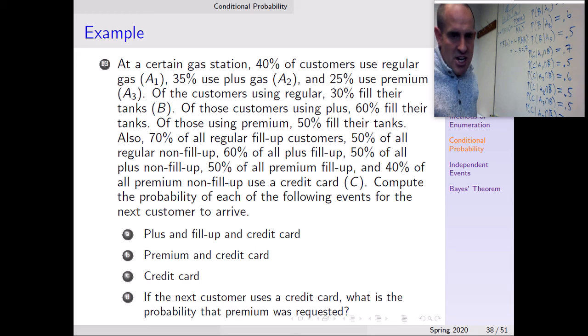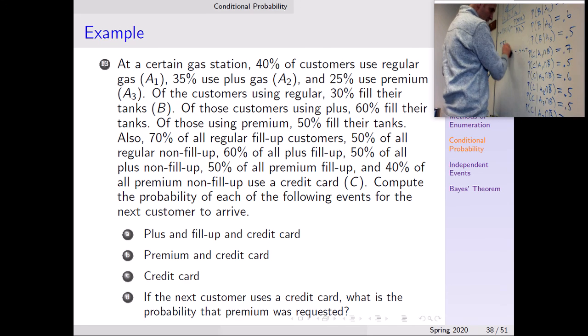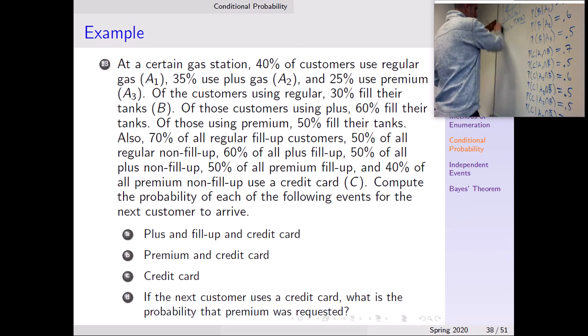What is the probability of plus and fill up and credit card?